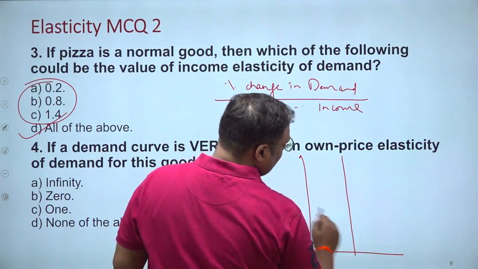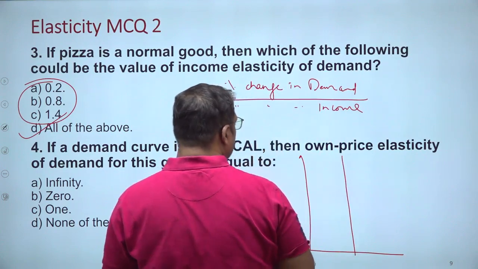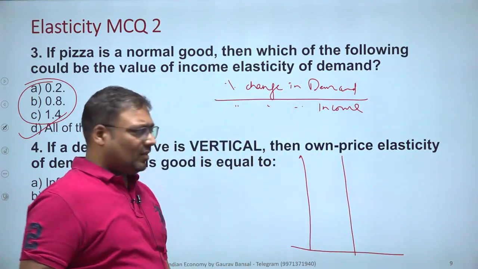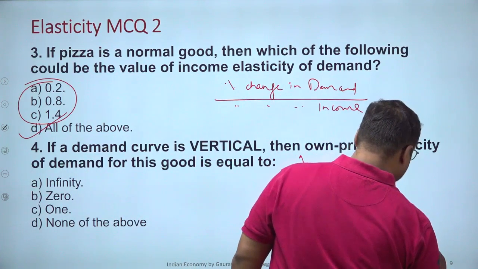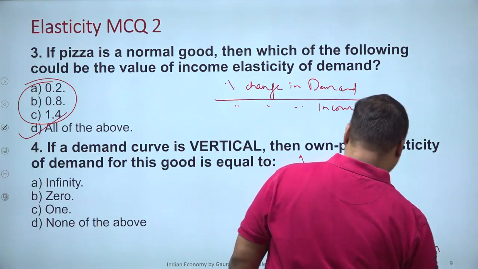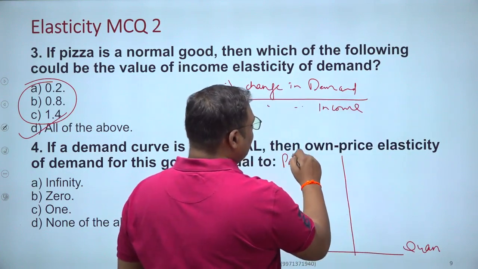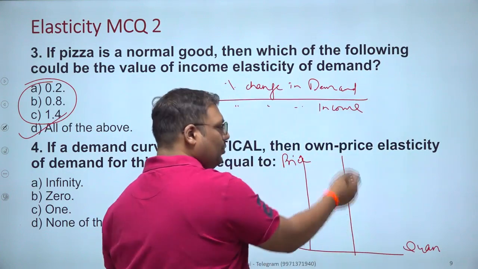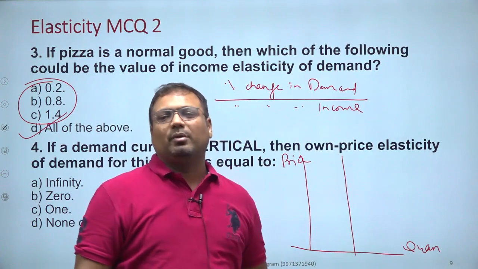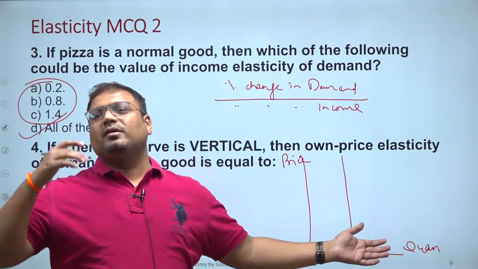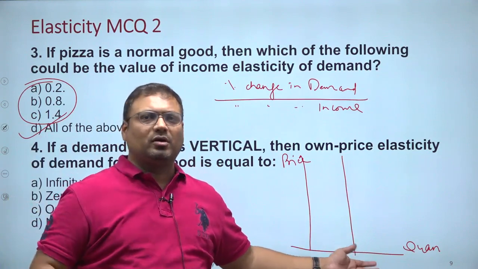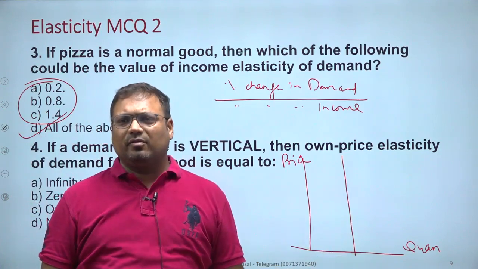Whenever a curve is vertical, there is perfect inelasticity. It tells us price can be as high or as low, and you will not be able to adjust demand at all. Life-saving medicine. If you need 10 doses of a rabies drug, you need them whatever the price, otherwise you will lose your life.